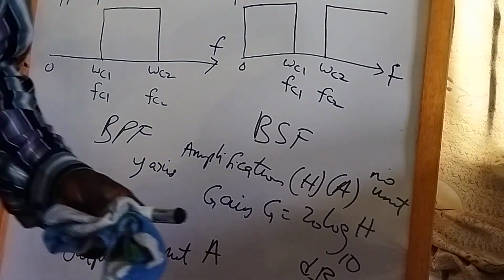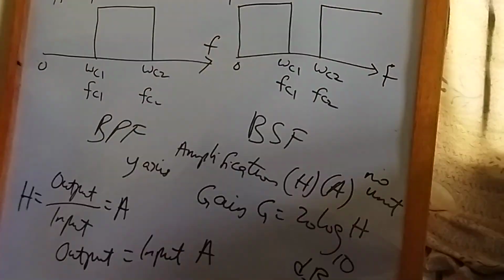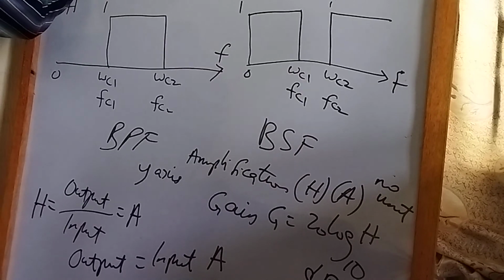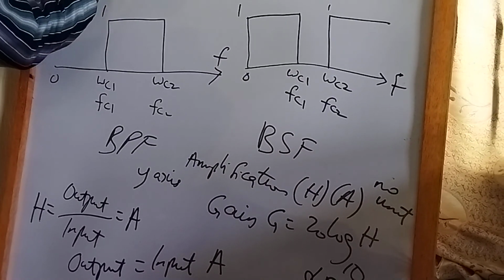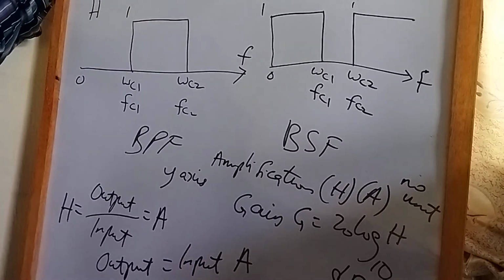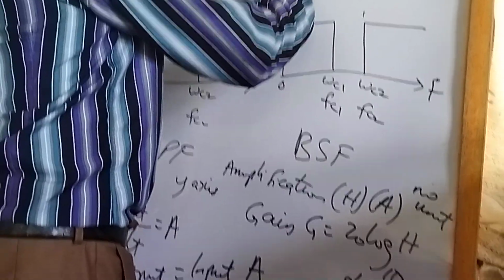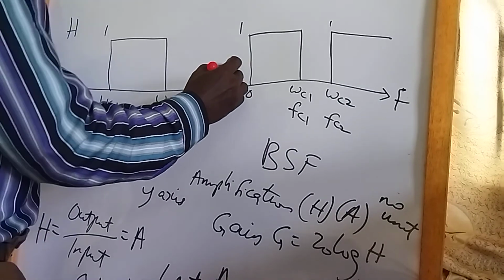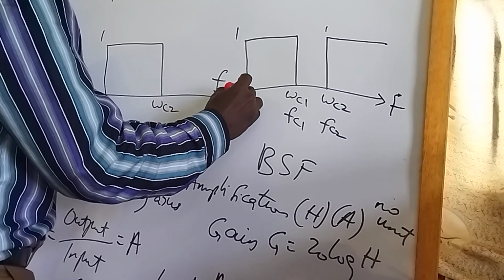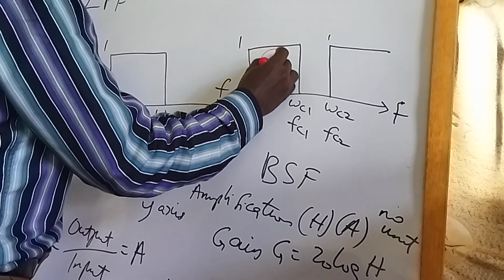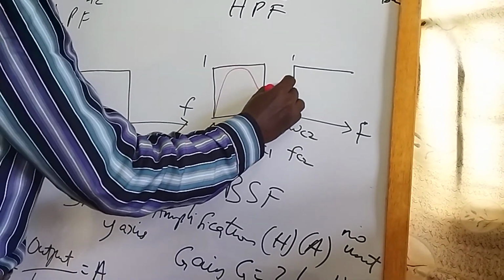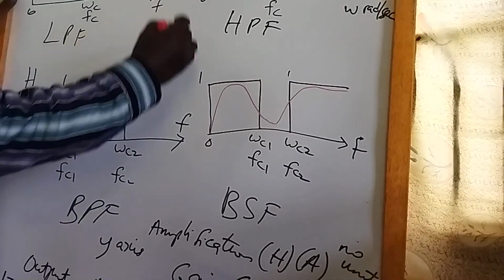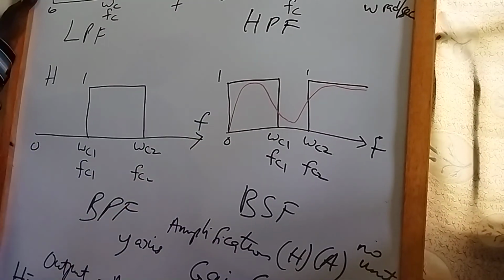In real life, let me use color to indicate what is possible. I will use red. You can have something like this in real life. You cannot have sharp rising and sharp falling.